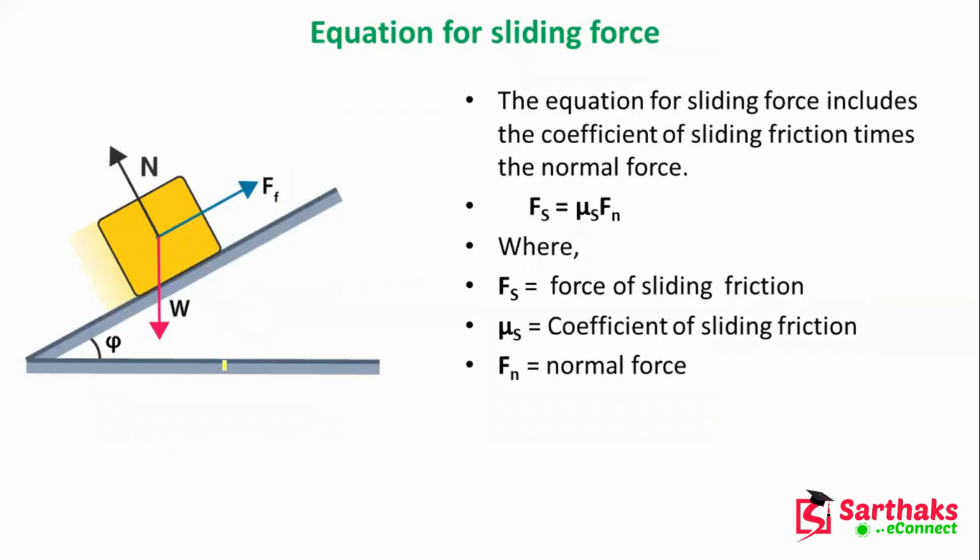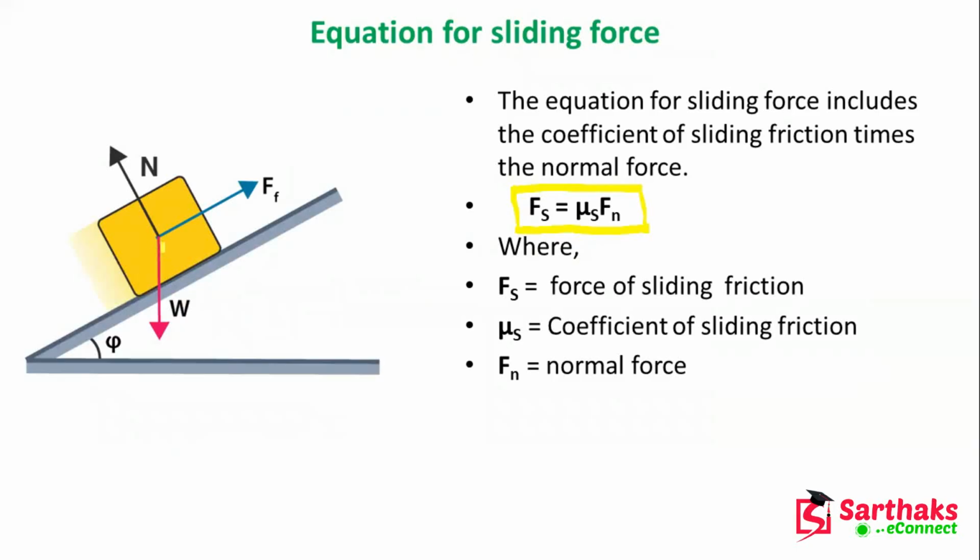Now the equation for sliding friction: Fs equals mu s into Fn, where Fs is the sliding frictional force and Fn is the normal force.